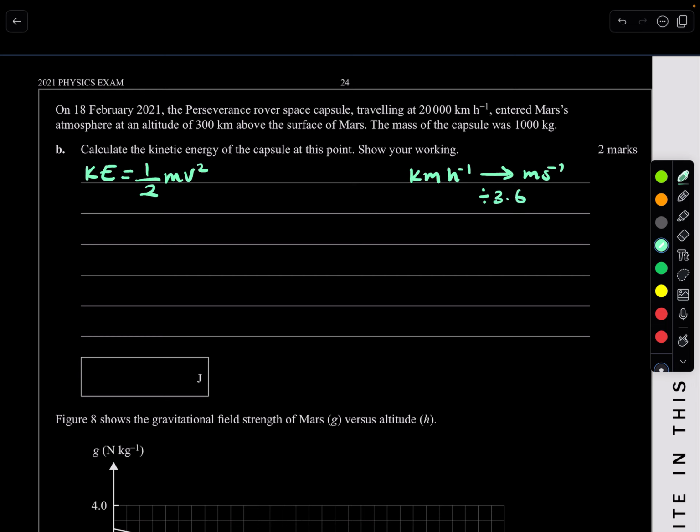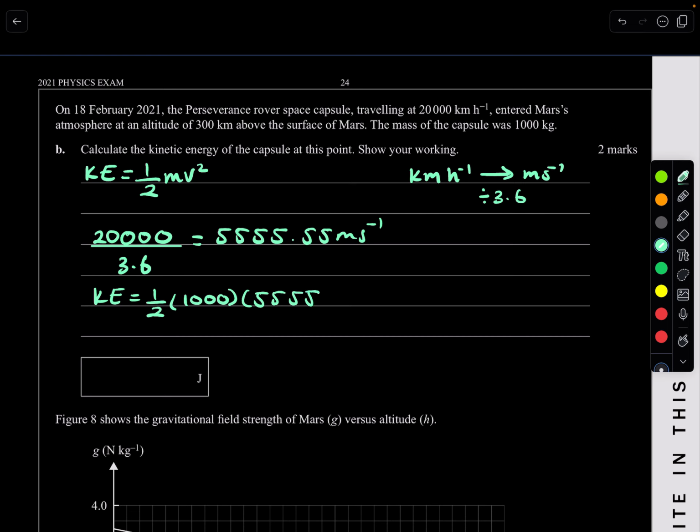So in this case, 20,000 divided by 3.6 is going to give me 5555.55 meters per second. Putting this in my formula, half your mass, which is 1,000 kilograms of the capsule, times your velocity, 5555.5 squared.